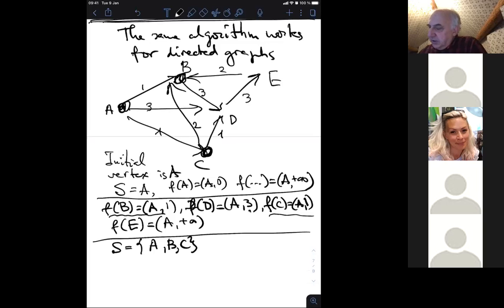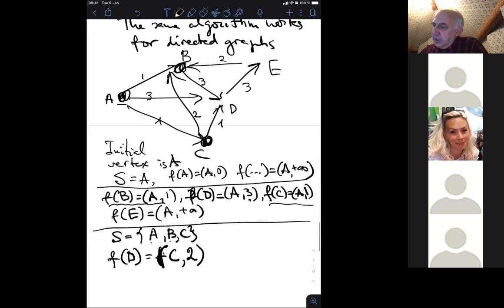Now I'll be checking what about my distance to A, B, and C from D. And we see that f of D will change on this step, because actually the shorter way to D is through C. So if I go, I have distance 1 here, and then I have distance 1 here. So its label f of D would consist of go to C, and then the total length would be 2.